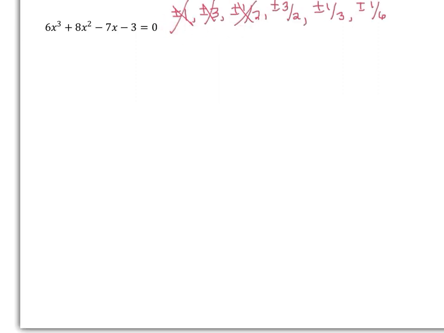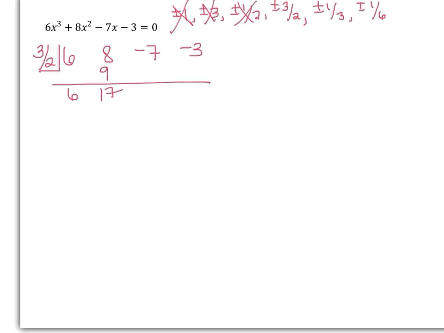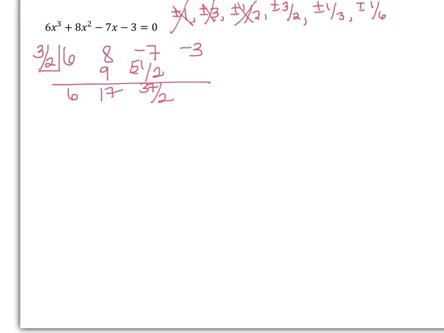As you can see, I've crossed out the ones I've already used. I've only got 6 more to go. So next we try 3/2. Again, I can see if I multiply these two, I will not get +3 as an answer.